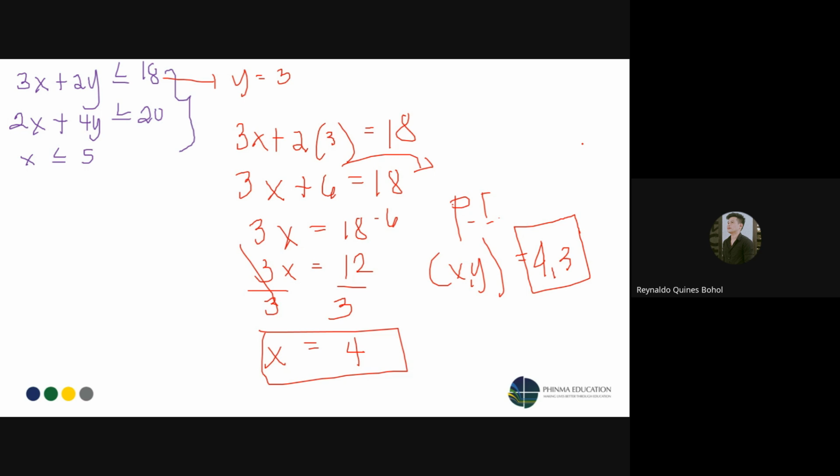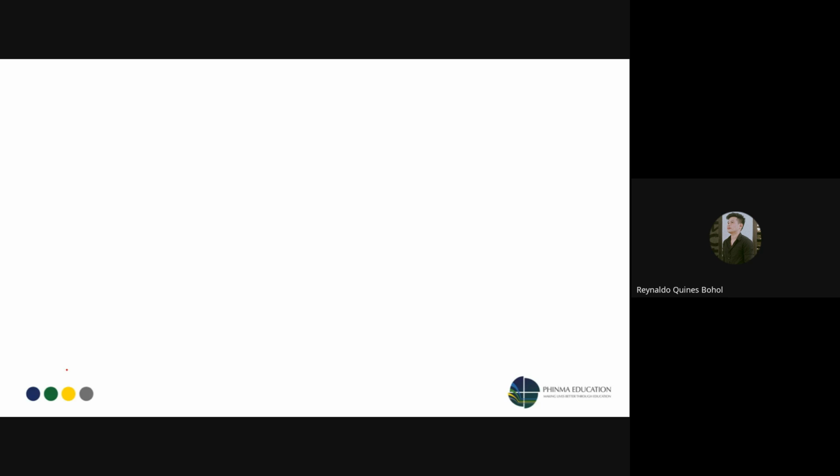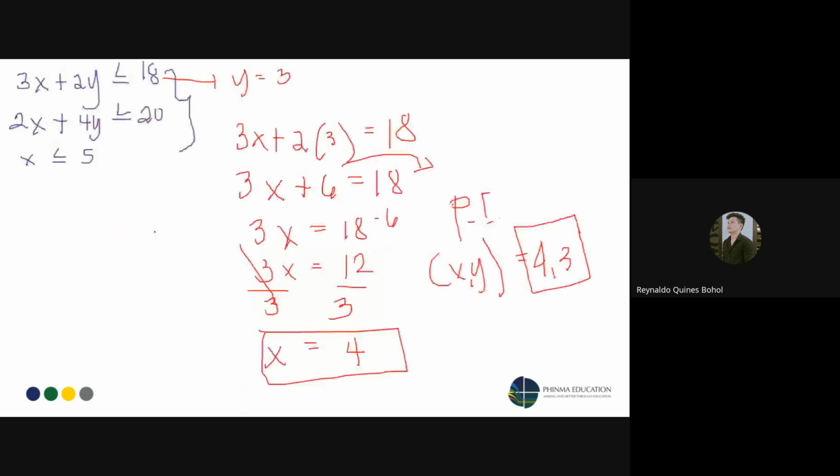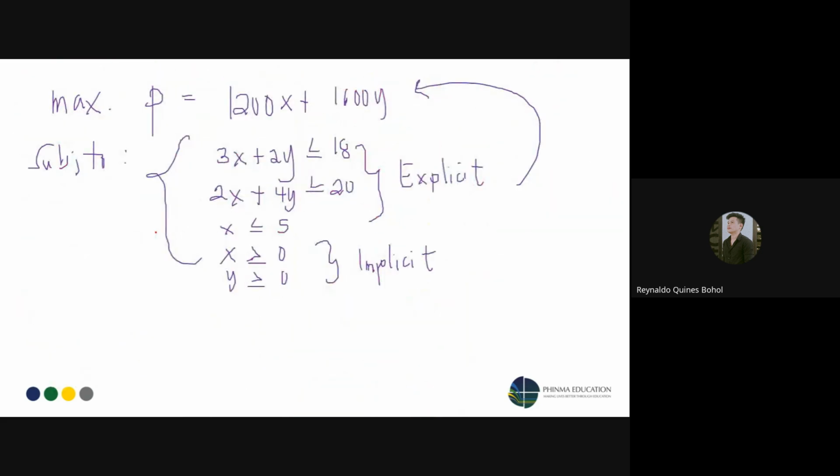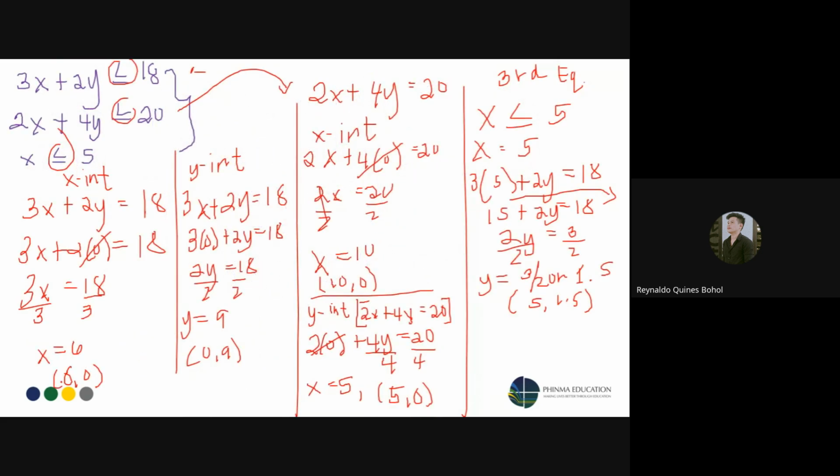Okay. Tapos, ang gagawin dyan, i-graph na naman natin. Okay, gawa tayo ng graph ulit. So, graphing ulit yan, guys. Para makuha natin yung sagot. So, ito naman yung first natin, 6, 0. First ordered pair is 6, 0 and 0, 9.